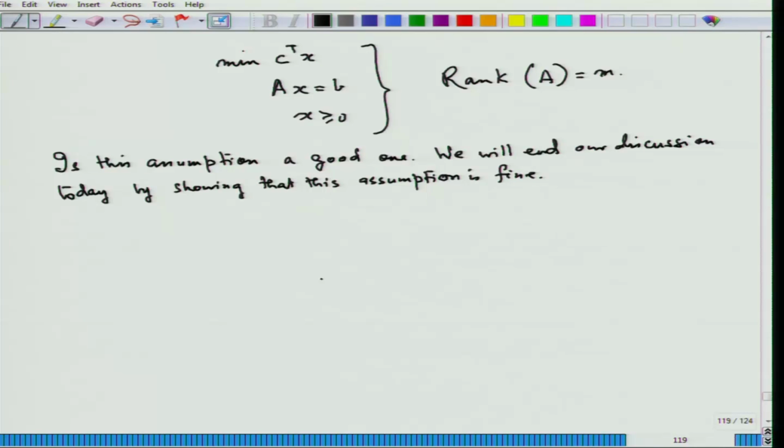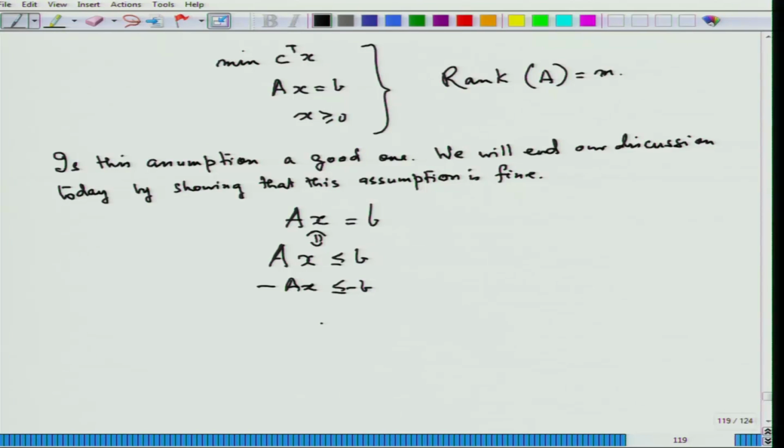Now, look at the constraint system A x equal to b. I can write this constraint system as follows. This can be equivalently written as A x less than or equal to b and minus A x less than or equal to minus b. This is the same as A x greater than or equal to b.